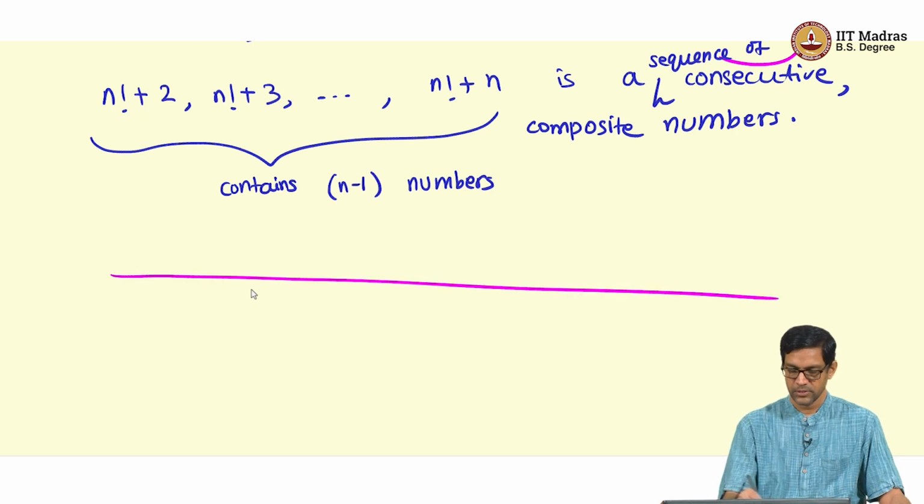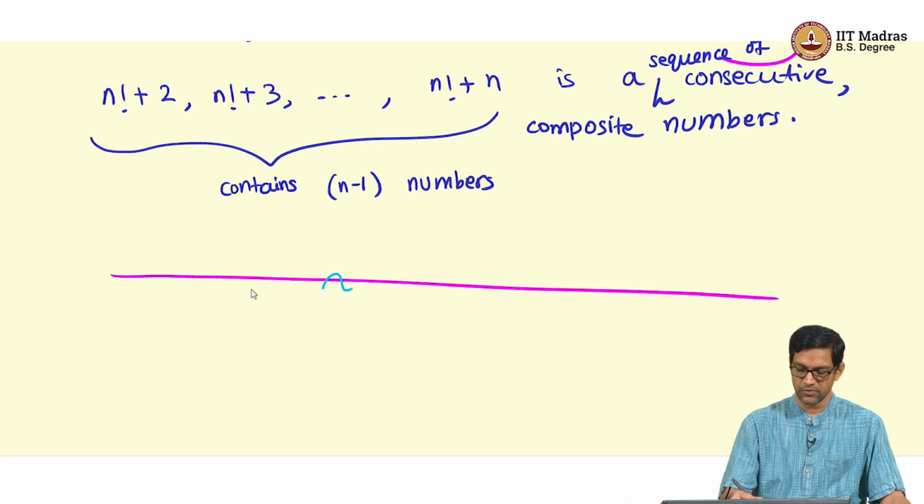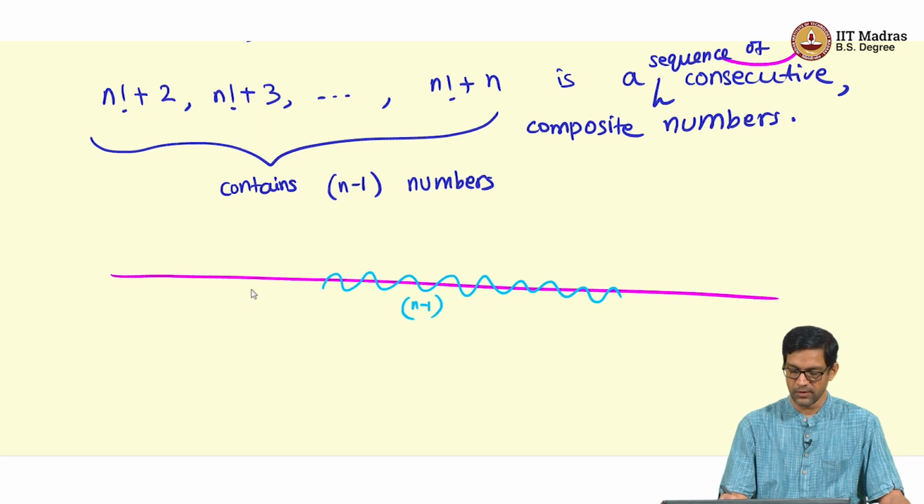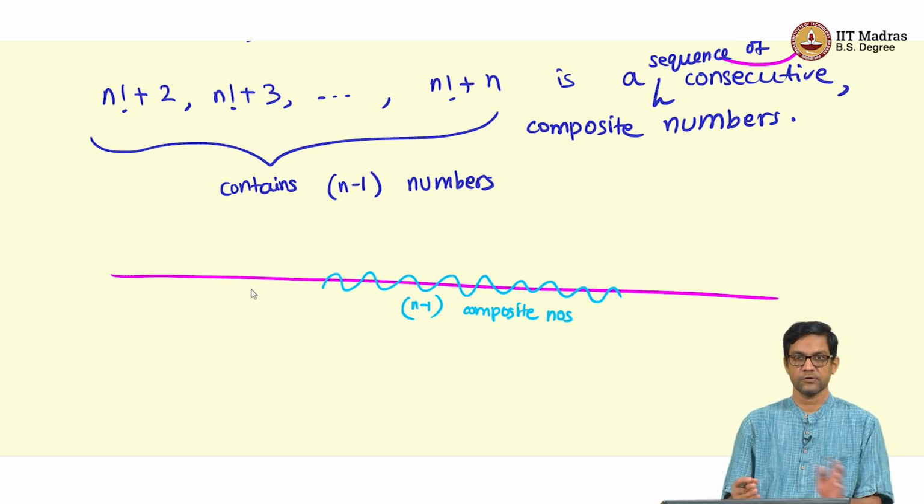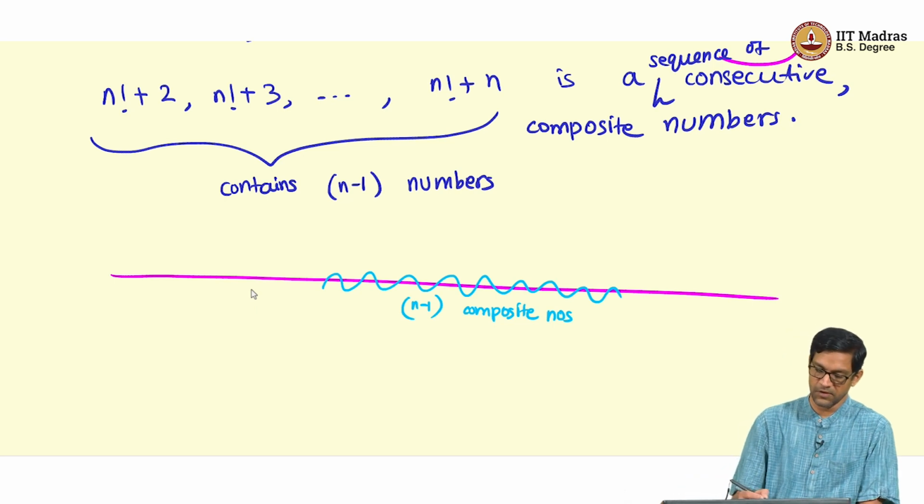Okay, so now we are more or less done, because now we go back to our number line. What we have found is this sequence of n minus 1 consecutive composites, right? So these are all composite numbers, there are n minus 1 of them. Now what we do is we look for the prime numbers which occur to the left and to the right of this string of numbers.